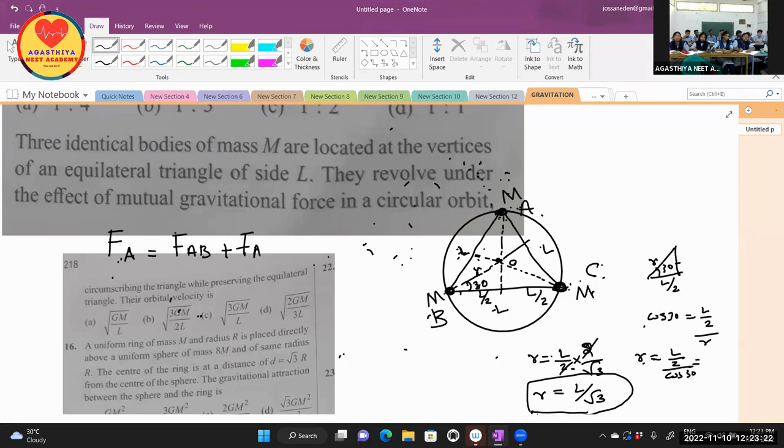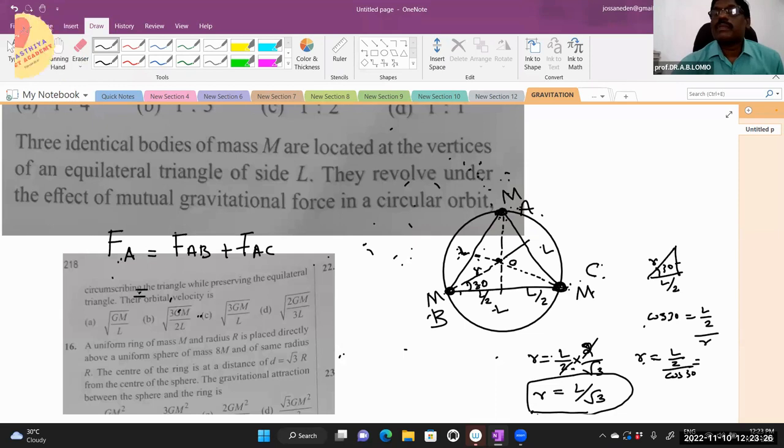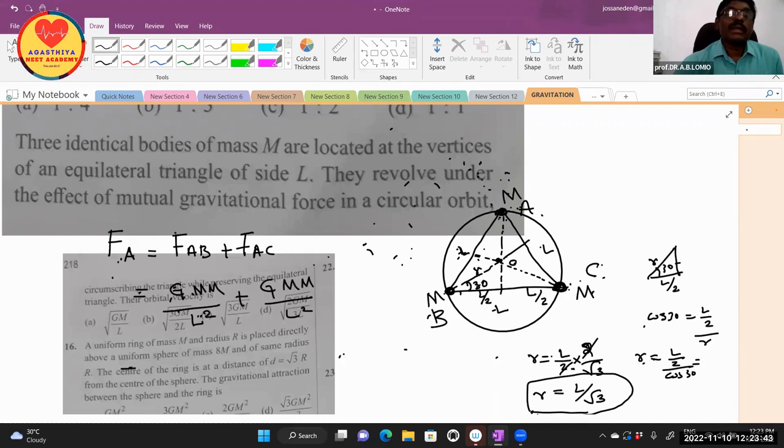Force between A and B is G, mass is the same, M into M, distance L, that is L square. Similarly, G capital M divided by L square. It is 2 times G M squared divided by L squared. Understand?